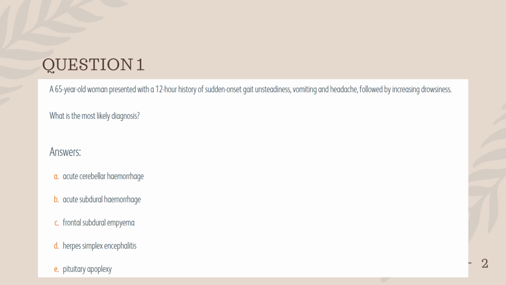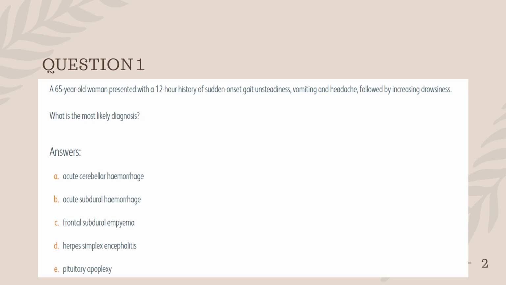Gender also matters because in some conditions there is a sex predilection towards female or male. So everything has to be kept in mind before you commit to an answer.